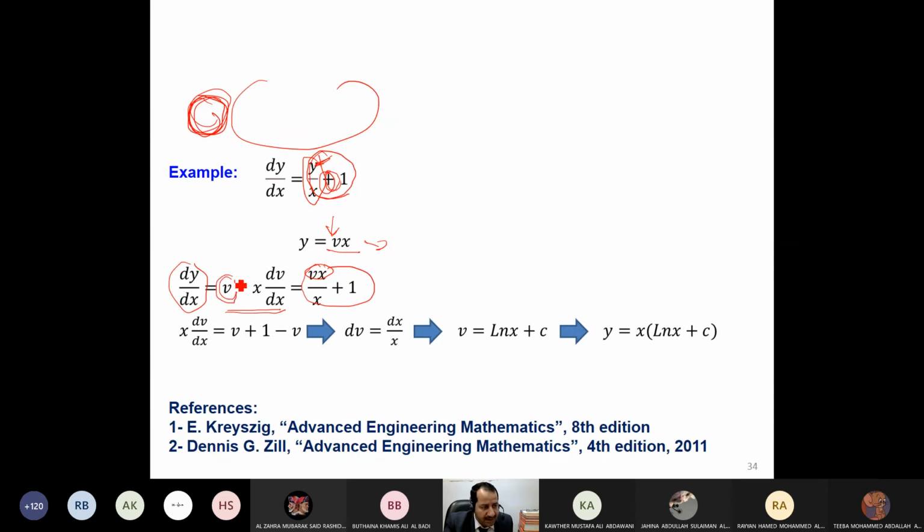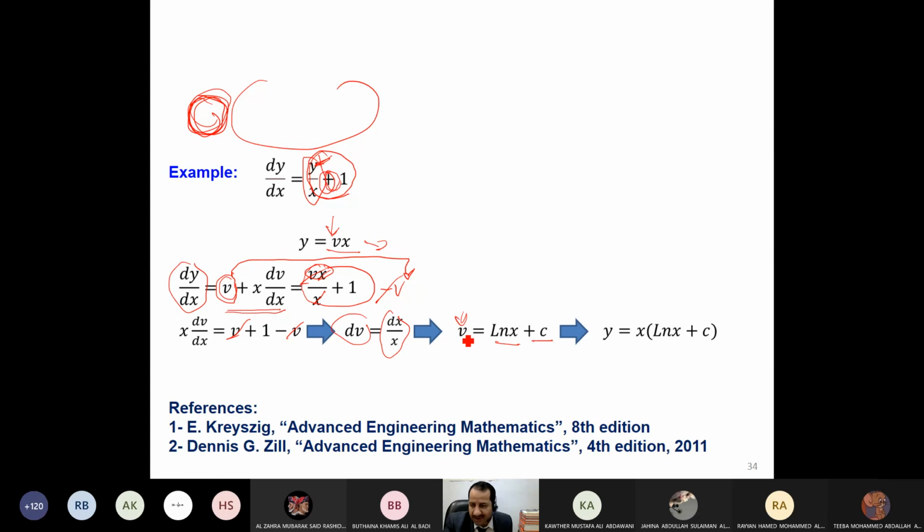Now I will take v to the other side. It will be minus v. Don't forget x goes with x. v plus 1 minus v goes with v, as you can see here. Okay? Now cross multiply, we will have dv equals dx over x. Integrate, it will give ln x plus a constant.